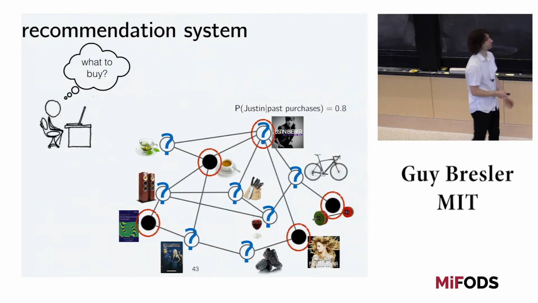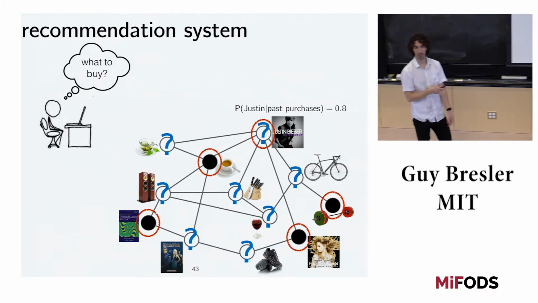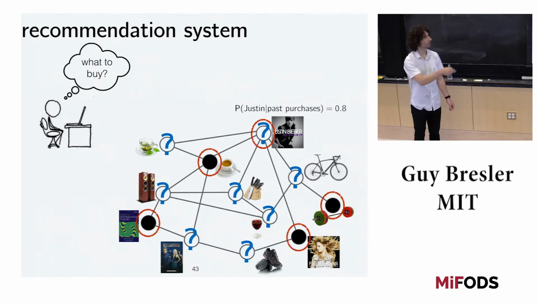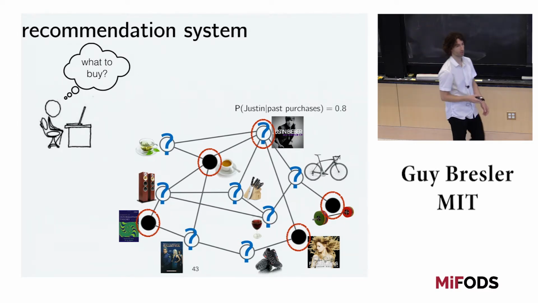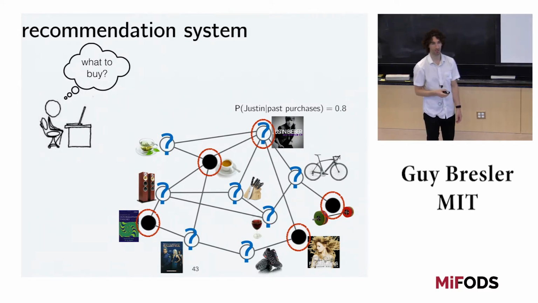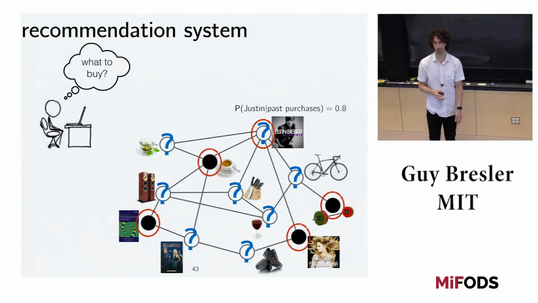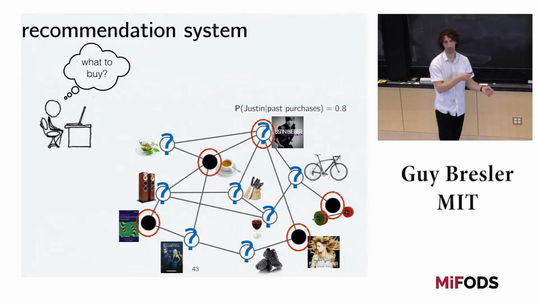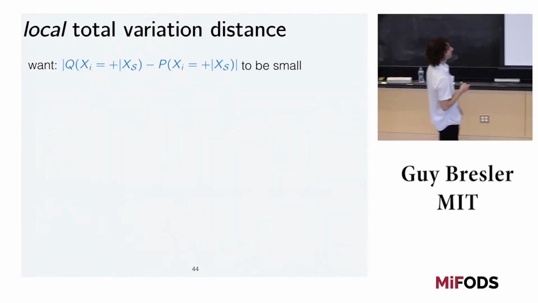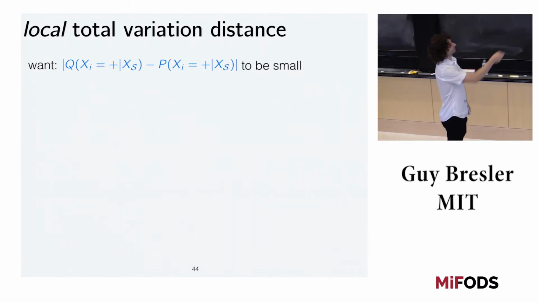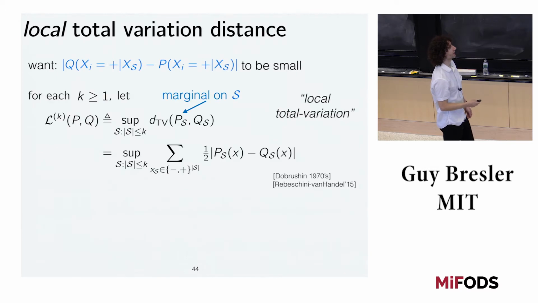And the key thing is that typically the set that we're conditioning on is pretty small. The user hasn't rated all of the items on Amazon because there are millions of items. So there are a few items that they've rated, and then you want to compute the posterior. So again, we want these posteriors conditioned on small sets to be accurate.